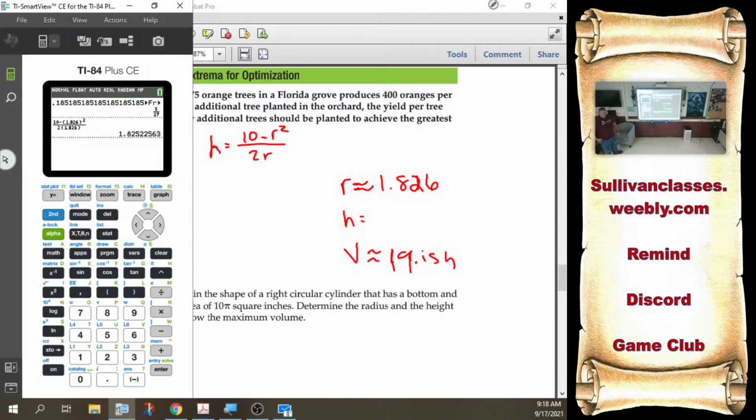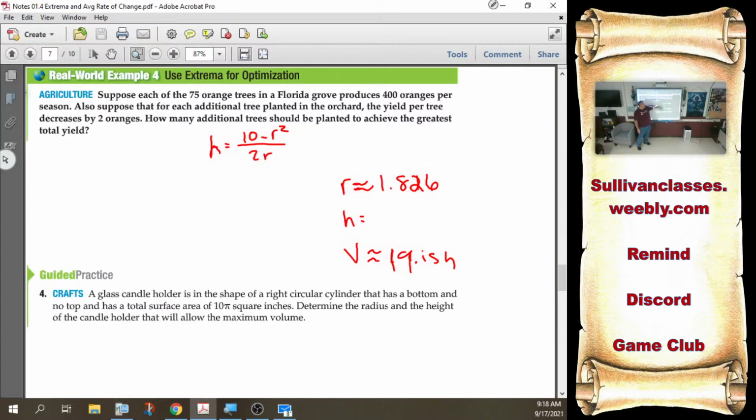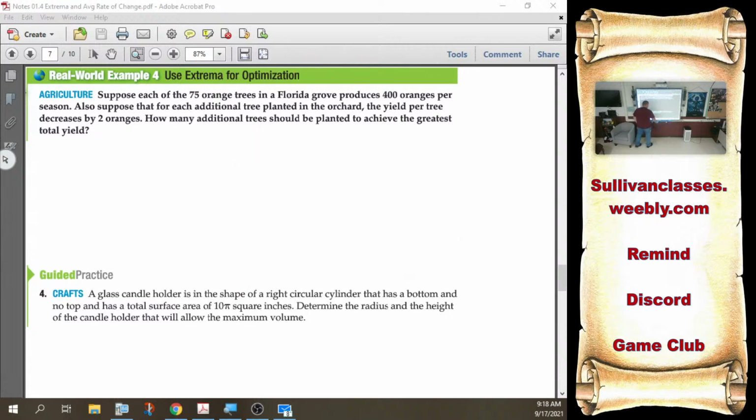Okay. You don't need a blowtorch. Why not? You don't need a flame cannon. Why not? Because those are... It was like 1.826 and 1.825 were the radius and height.